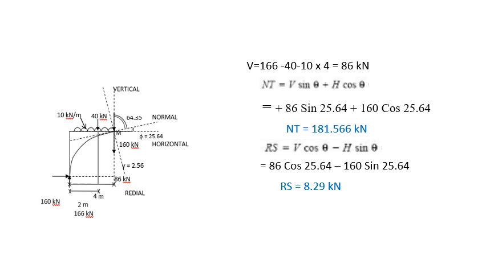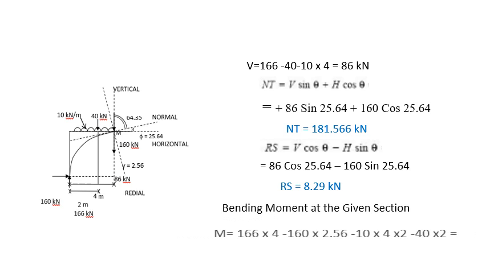Next is to find the bending moment. So 166 into 4, that is VA into 4, minus the moment of the horizontal force, that is 160 into 2.56. Remember, horizontal force always produces hogging moment, so minus, and the moment of the UDL, minus 10 into 4 into 2, minus the moment of the point load 40 kilonewton, which is at a distance of 2 meter from the section, so 40 into 2.